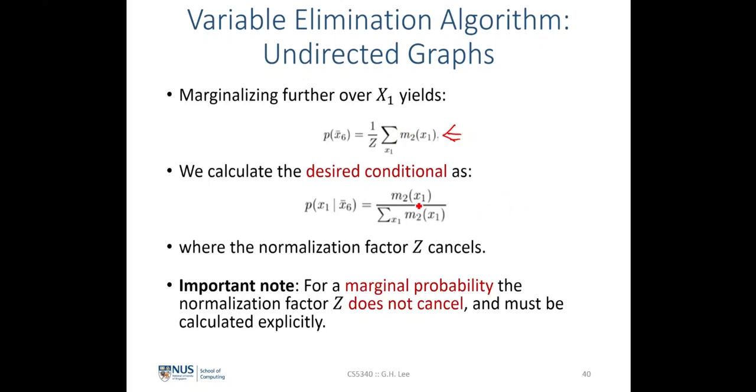What's interesting here is that the numerator consists of 1 over z, the partition function, and the denominator also consists of 1 over z. Hence, we can cancel off this partition function.